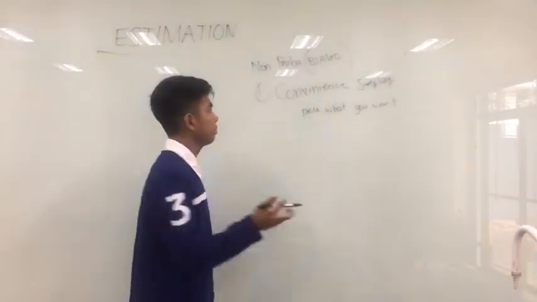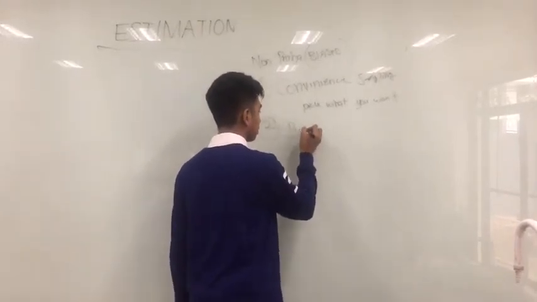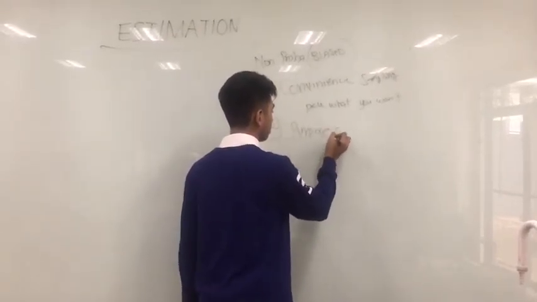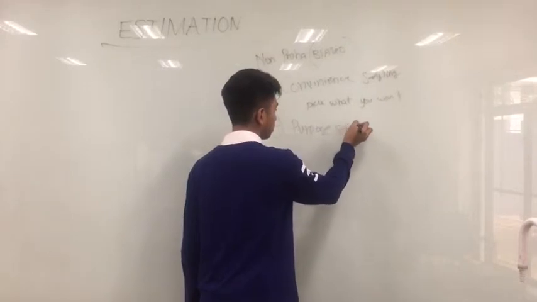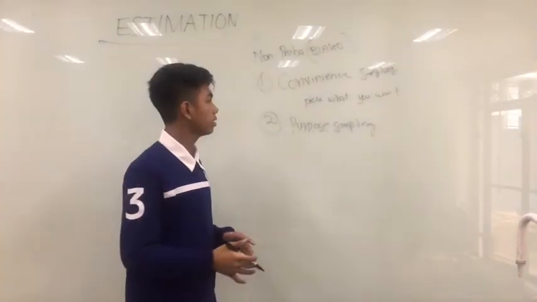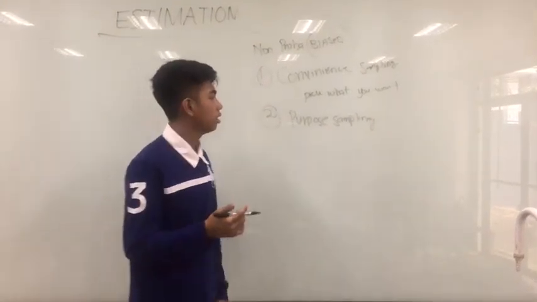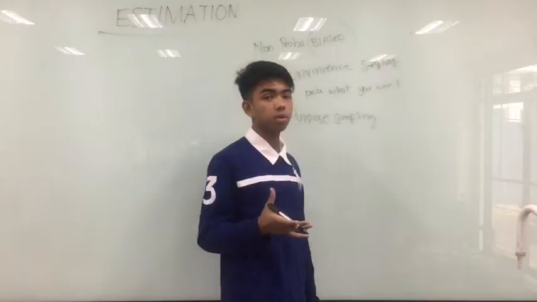Second is purposive sampling. You would choose someone that is in favor of your purpose. Example, you will be testing a product about hair.